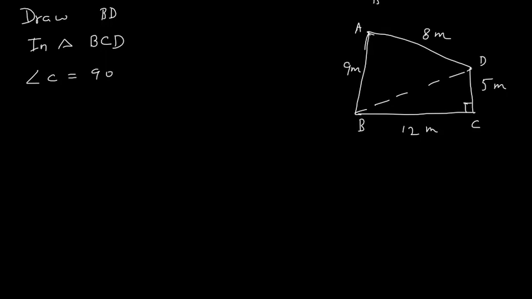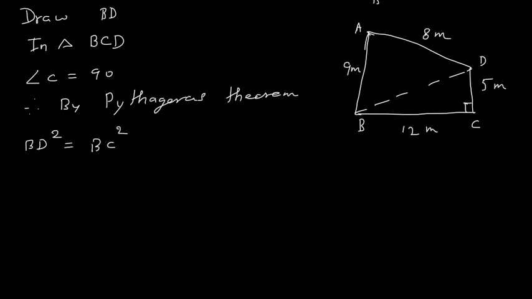Therefore, by using Pythagoras theorem, we have BD square is equal to BC square plus CD square.